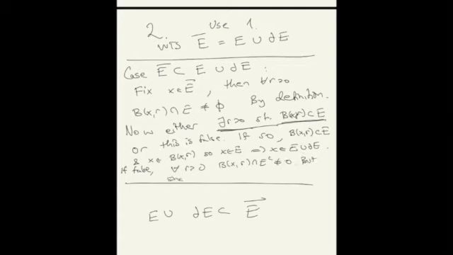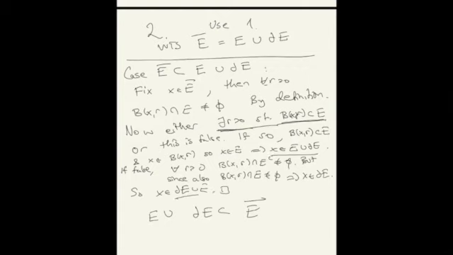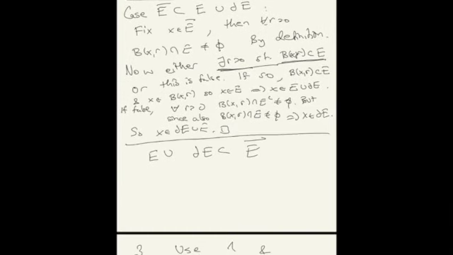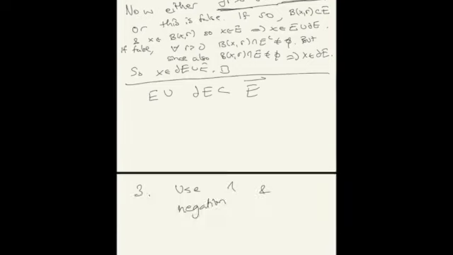But since also B(X, r) intersect E is not empty, by being in E bar, this means that X is actually in the boundary of E. But being in the boundary means that X is in boundary of E union E as desired. Either way, we get that it's in this union. It's just a different part of the union. The second part is very similar to this, but I will leave that to you.